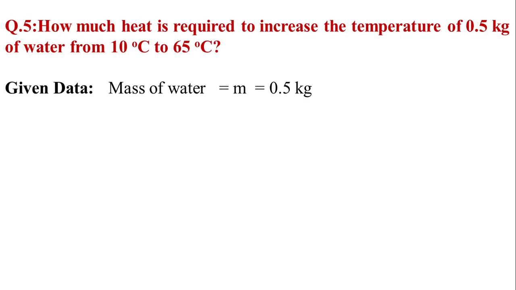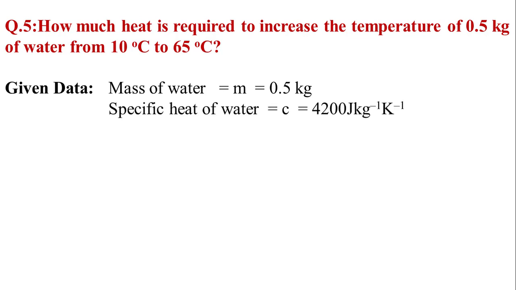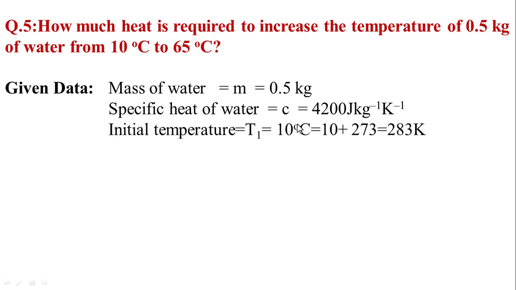Mass of water M is equal to 0.5 kg and specific heat constant of water is equal to 4200 joule per kg per Kelvin, and initial temperature T1 is equal to 10 Celsius, which is 10 plus 273, equal to 283 Kelvin.